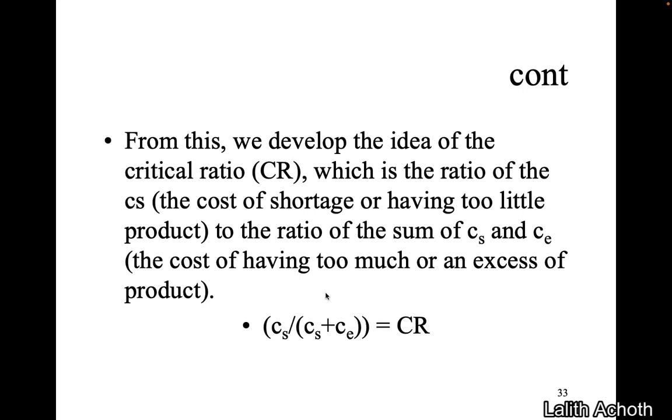CE is the cost of having too much excess product. So the critical ratio is CS divided by CS plus CE, where CE is the excess cost, and that gives us a critical ratio. So this is a ratio.